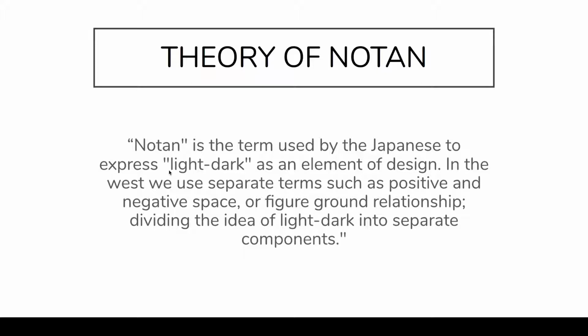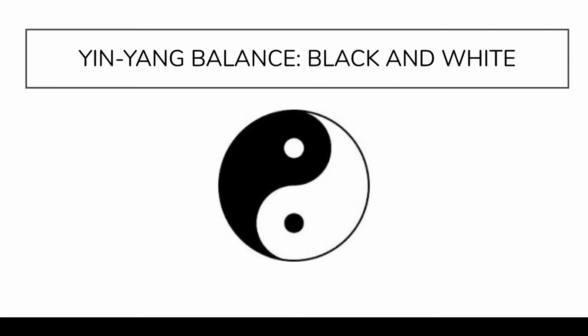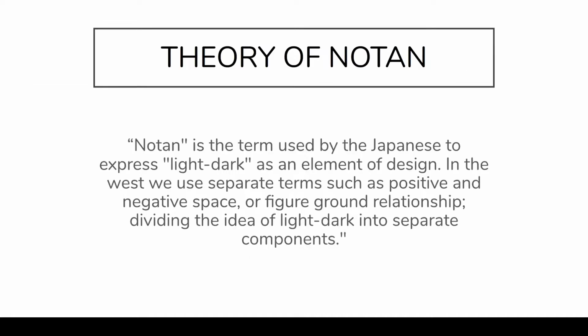The word NOTAN, which the Japanese made, is derived from the Chinese Taoist philosophy of the yin and yang symbol. So when they were starting to think about how to organize a composition, how to start building elements to describe good pictorial compositions, they created this word to really hone in on the meaning of light and dark. And that is one of their base concepts in designing space.